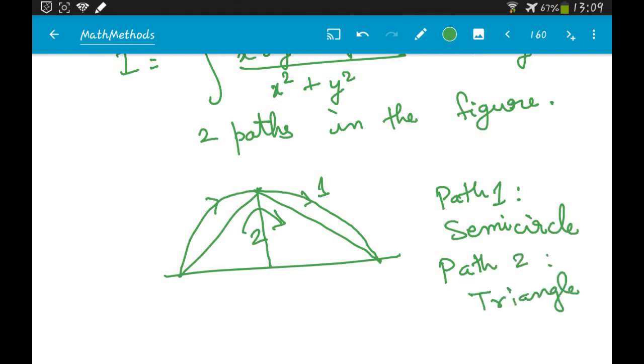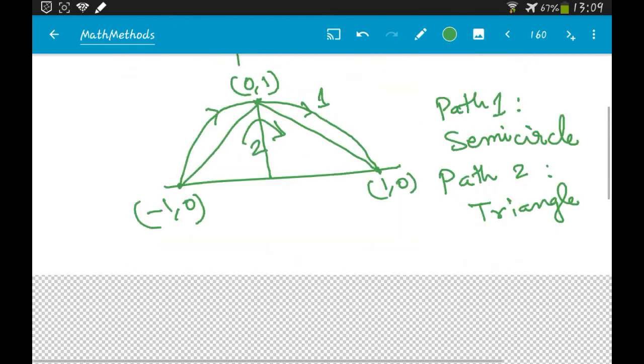And what are these points? These points are, this one is minus 1, 0, this is 1, 0, and this is 0 comma 1. Okay, so this is our path.